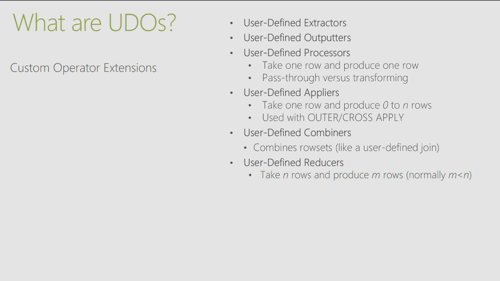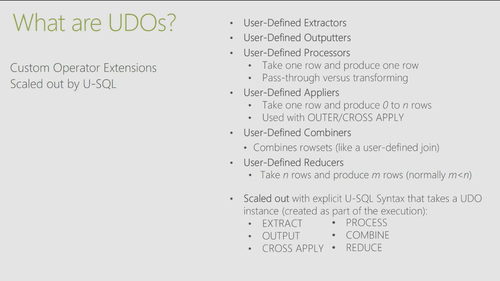And the most generic of all of them, which is a user-defined reducer, takes n rows, normally partitioned according to some partitioning scheme, and produces m rows. M is normally less than n, but it doesn't have to be. Although at that point in time, you potentially have to add a row count hint to tell the optimizer that you are producing more rows and not fewer.